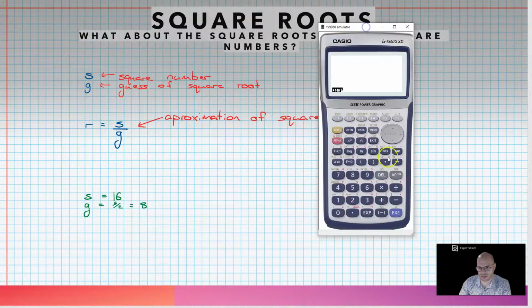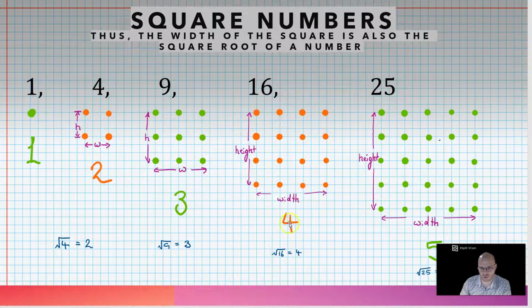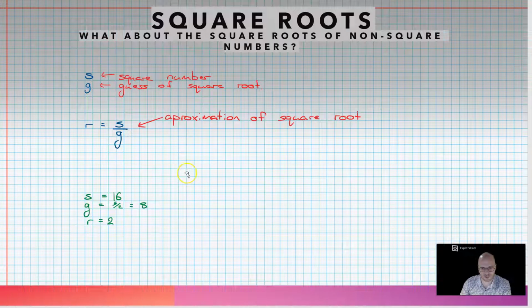So bring in a calculator and we'll say 16 divided by 8, and that's going to be 2. Alright, that's well and good, but it's not really close because we know the square root of 16 is going to be 4. So we need to tweak our algorithm a bit.